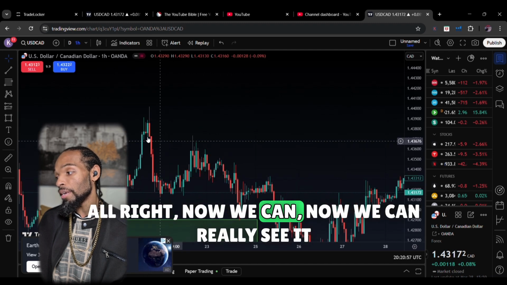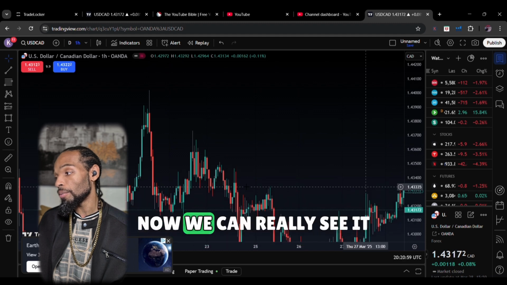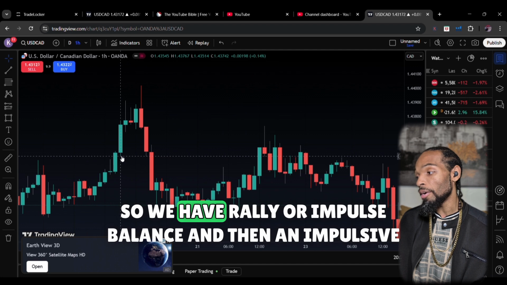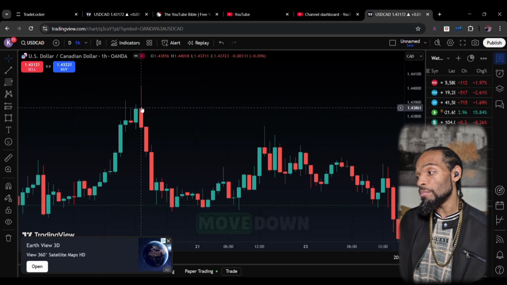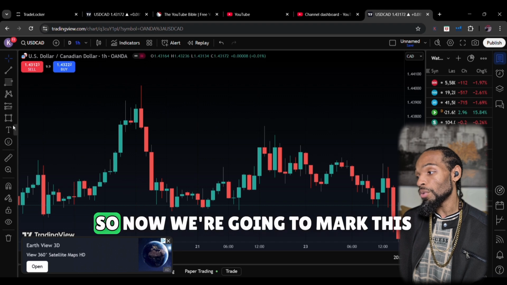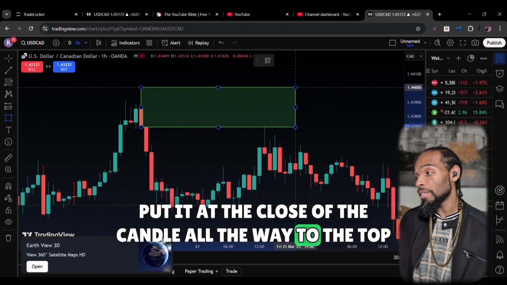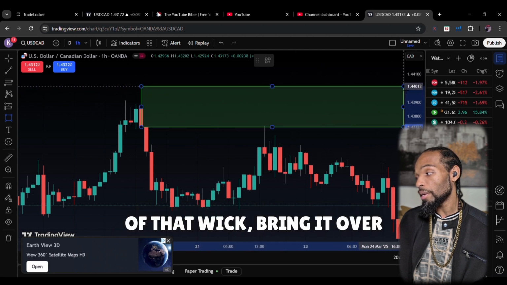All right, now we can really see it. So we have rally or impulse, balance, and then an impulsive move down. So now we're going to mark this, put it at the close of the candle, all the way to the top of that wick, and bring it over.